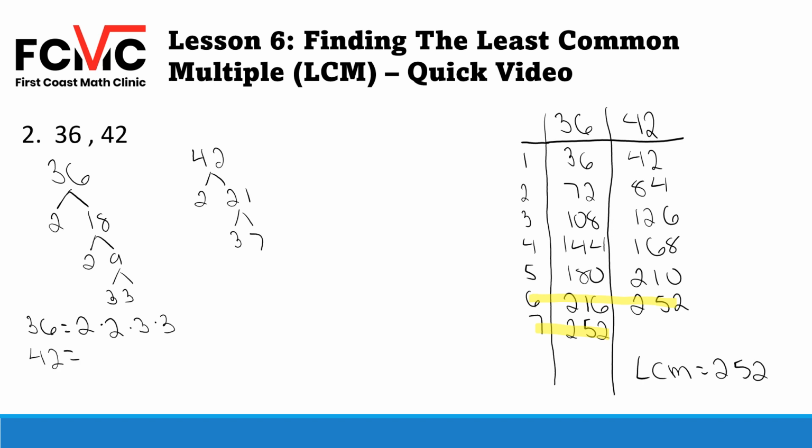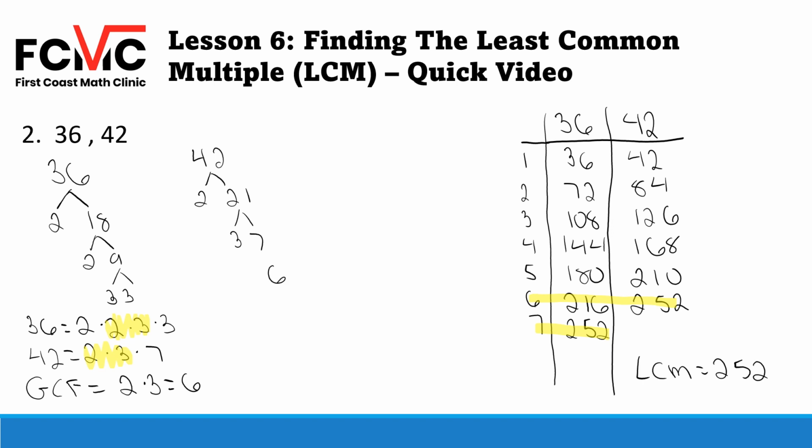So 42 is going to be 2 times 3 times 7. So our GCF is going to be 2 times 3, which is 6.